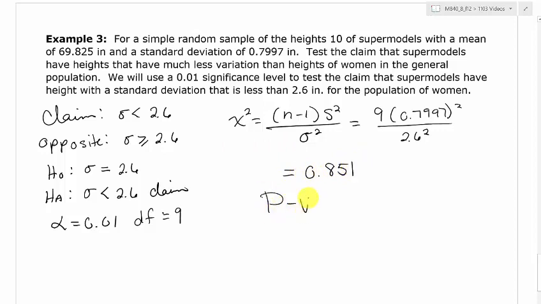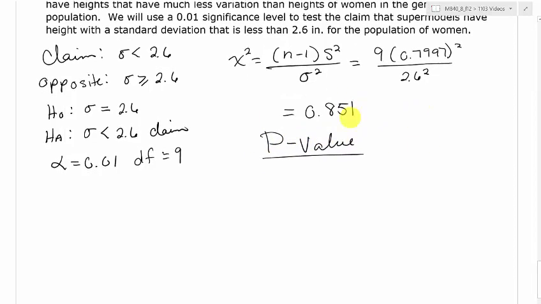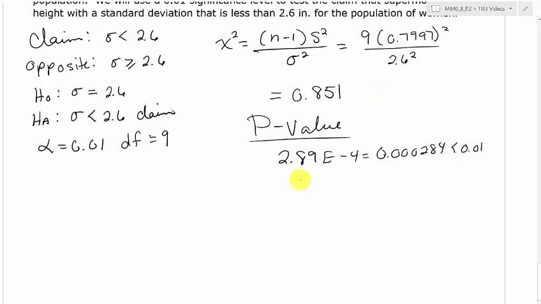The p-value, using your calculator, you should get 2.89 e negative 4. This is less than our significance level of 0.01, and so we are going to reject the null.